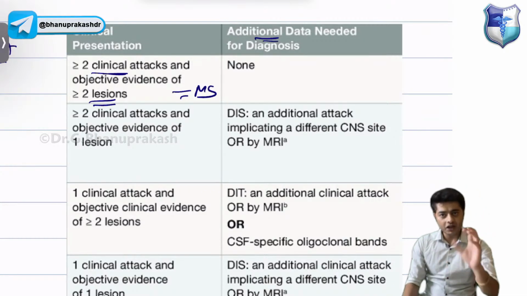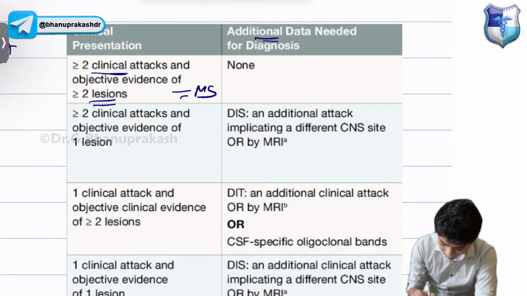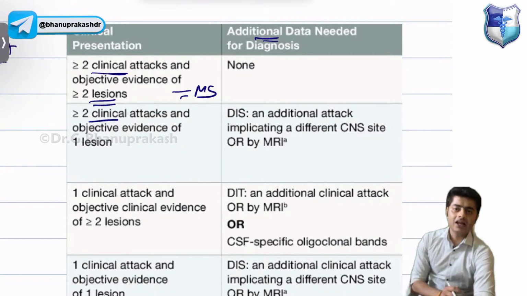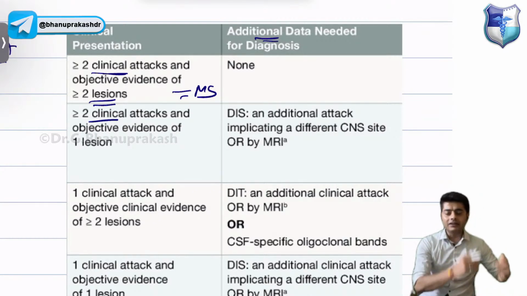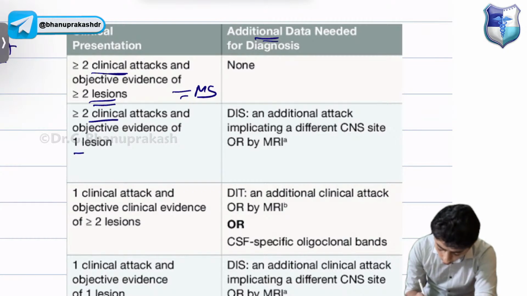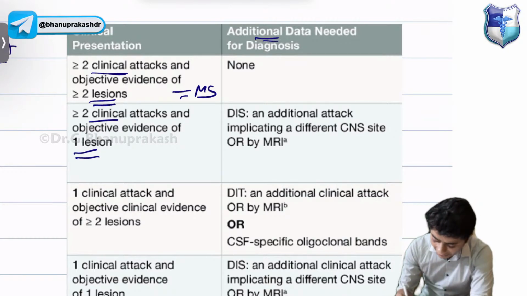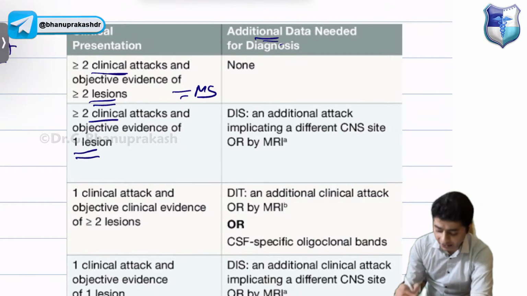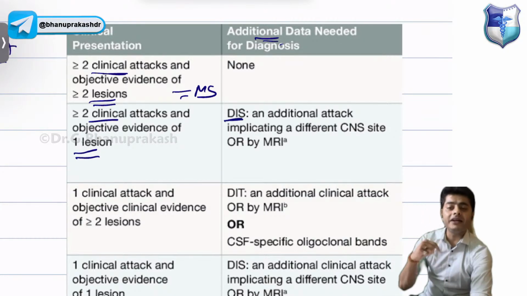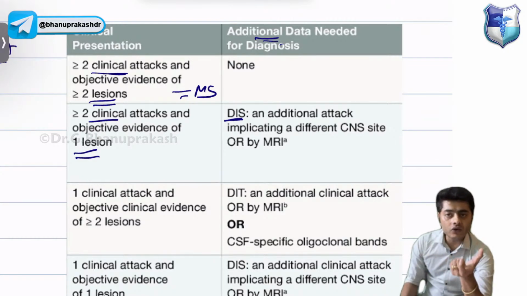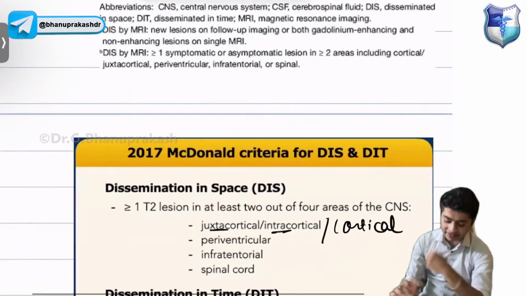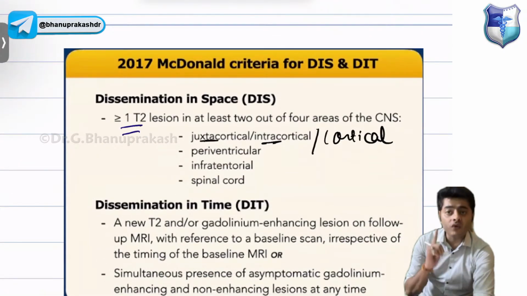But suppose there are 2 clinical attacks, one attack today and another after 2 months, and only one lesion present in MRI. So we need additional data. What is the additional thing? It is dissemination in space, DIS. So what is dissemination in space? It is greater than 1 T2 lesion.